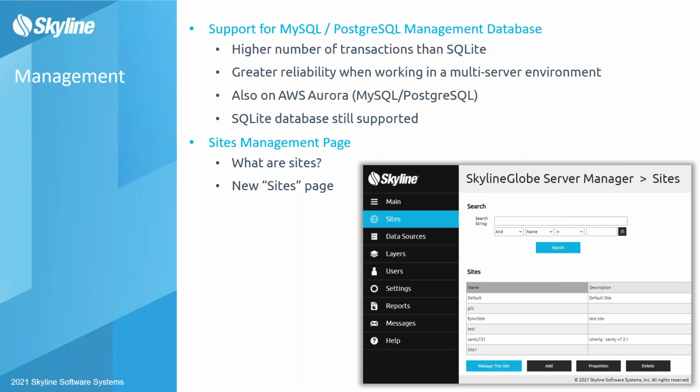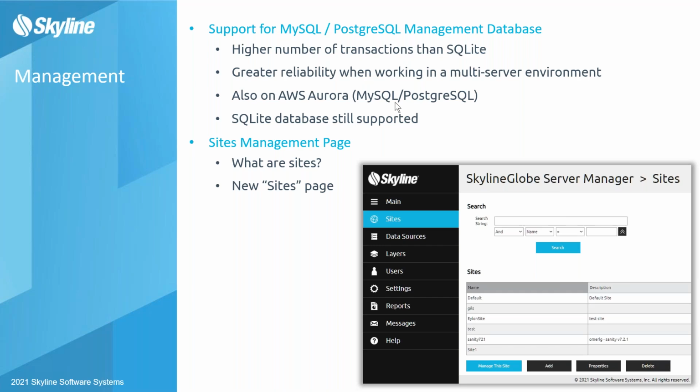So the user connects to a single Skyline Globe, but actually it's being load balanced to multiple instances based on the need. So when we go to such enterprise level implementations of Skyline Globe server, what we actually see is that there's a growing demand from the database, and it's being used by many computers at the same time.